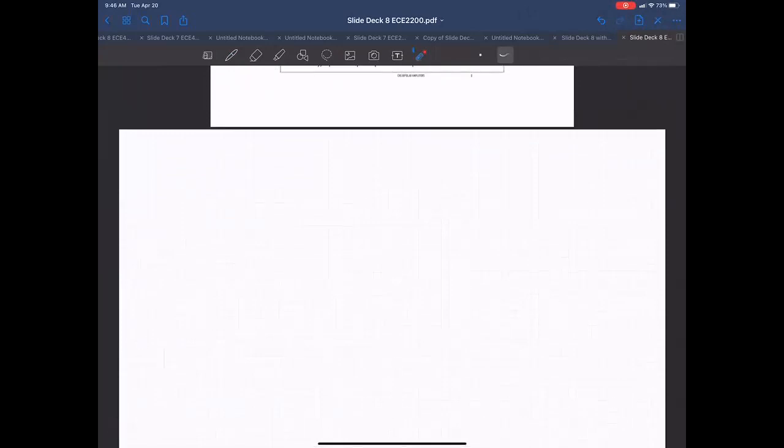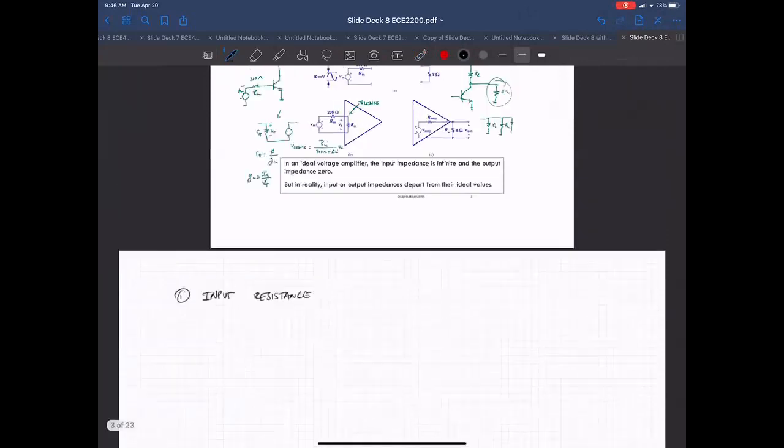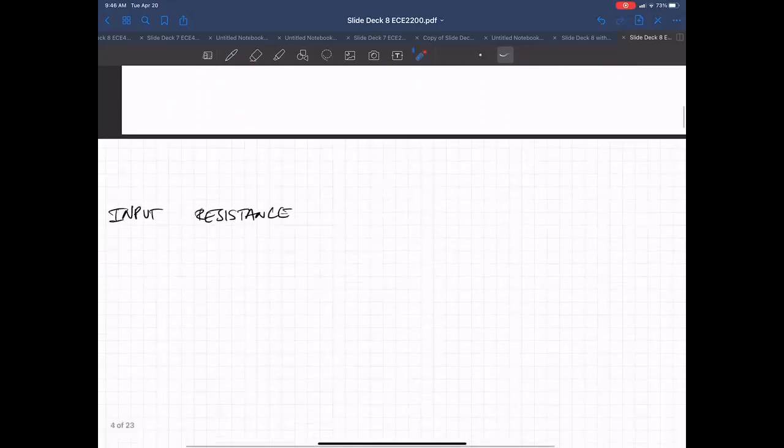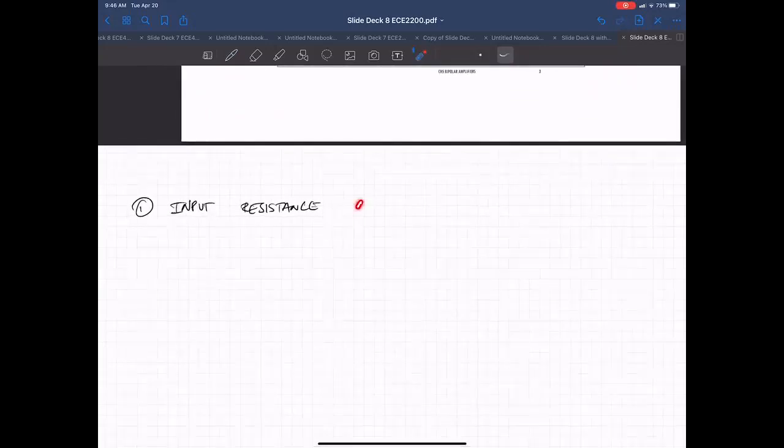It says to figure out what happens on input resistance of our circuit here if this Rn, the input resistance of the amplifier, is either 2K ohm or 500 ohm in each case.